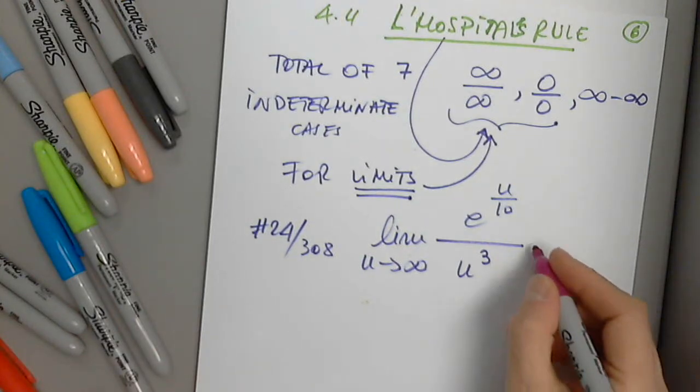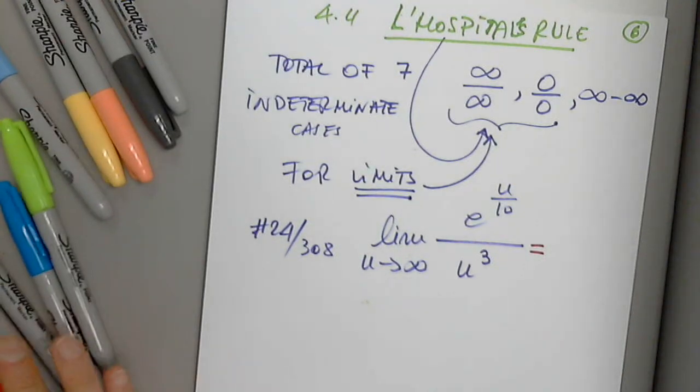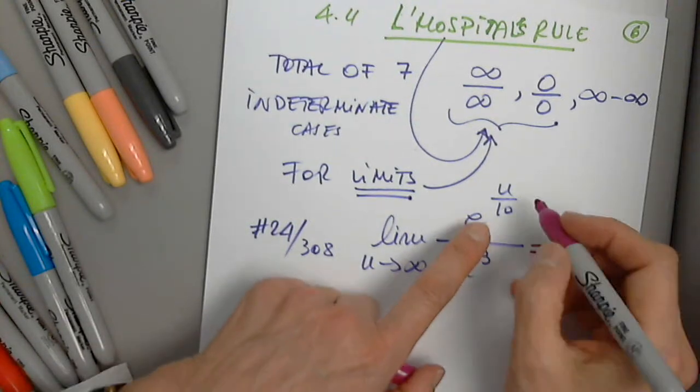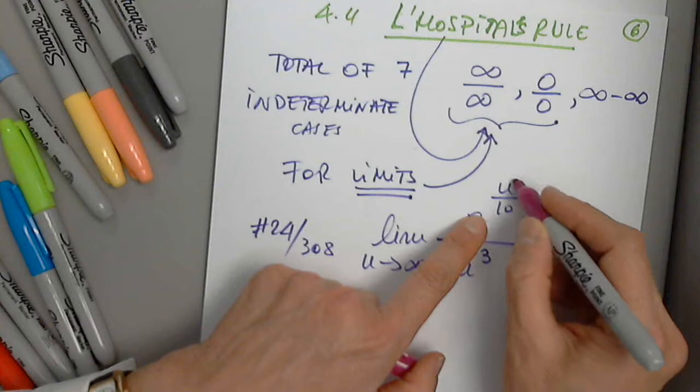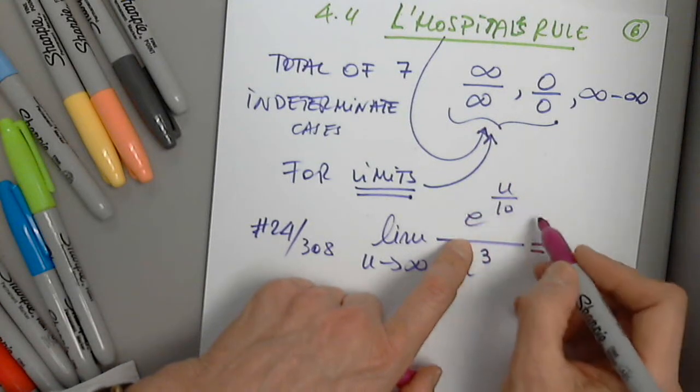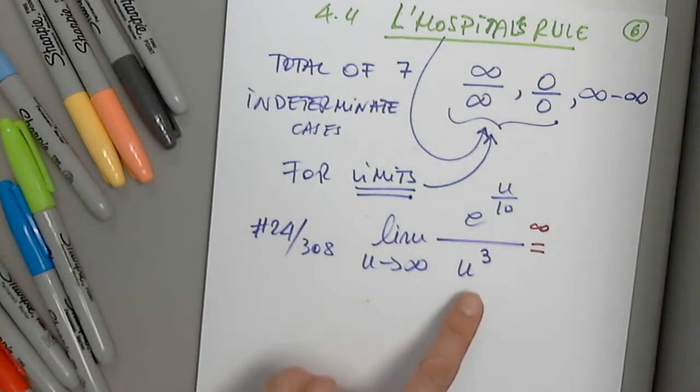What is the first thing we do when we are asked to find the limit? Plug in. Very good. When u approaches infinity, where does this go? Infinity. Excellent. E to infinity. Infinity. Very good. What about the denominator?